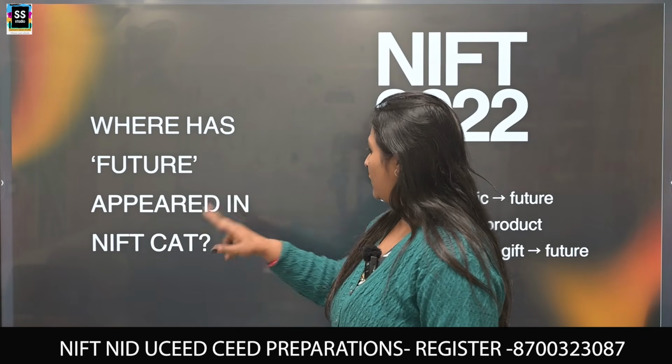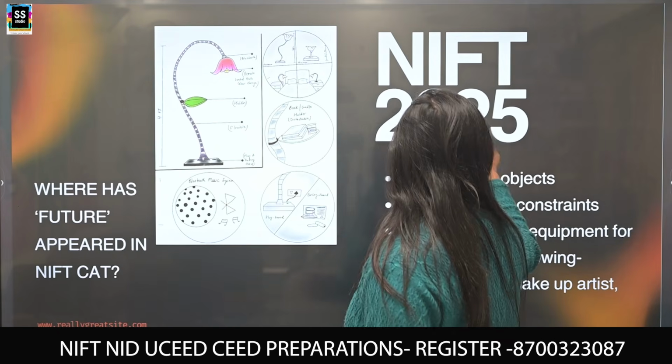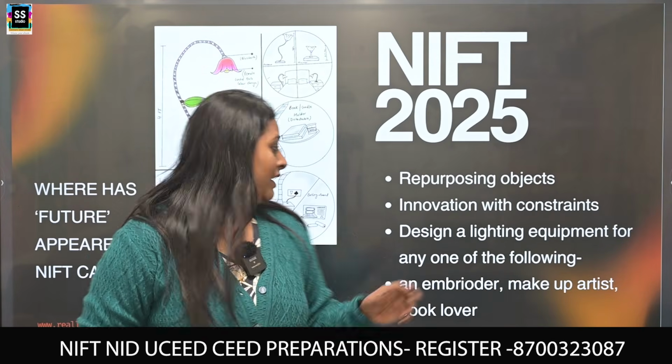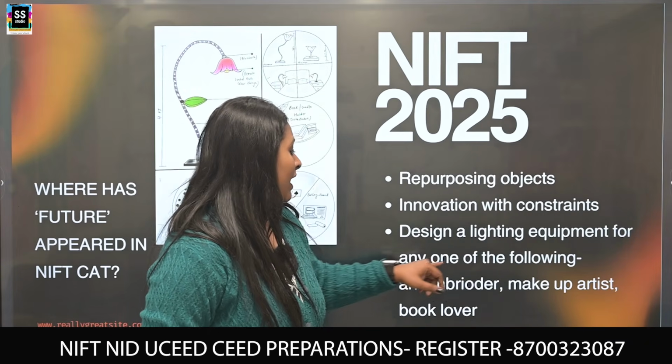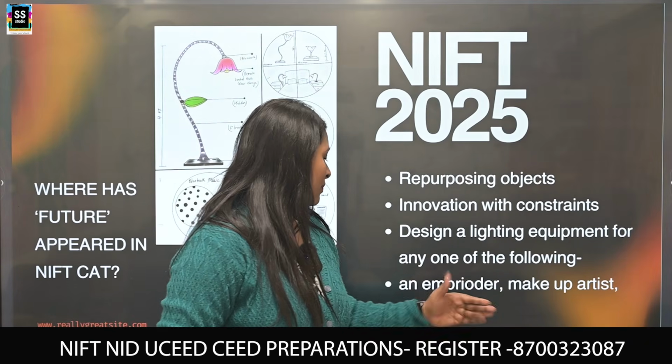Now, let me discuss some more areas. In NIFT 2025, the question was related to lighting equipment for any one of the following: an embroiderer, makeup artist, or book lover.